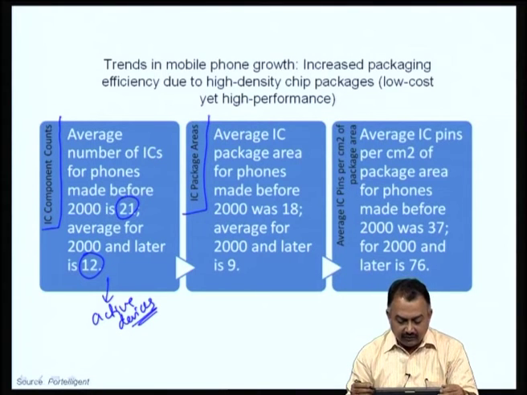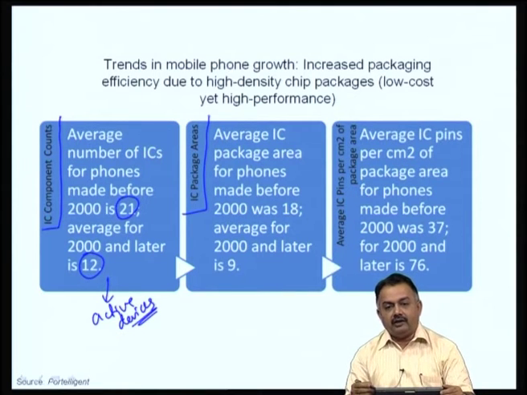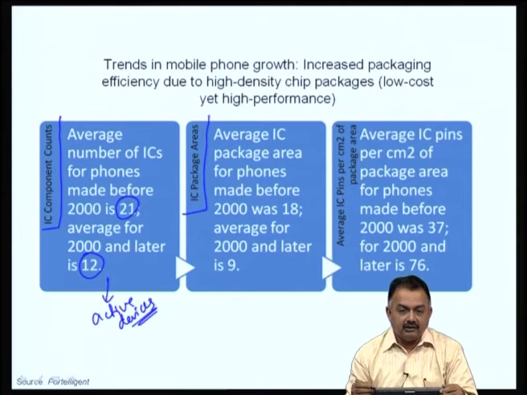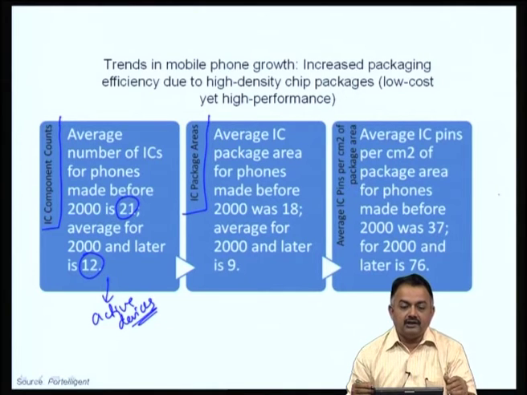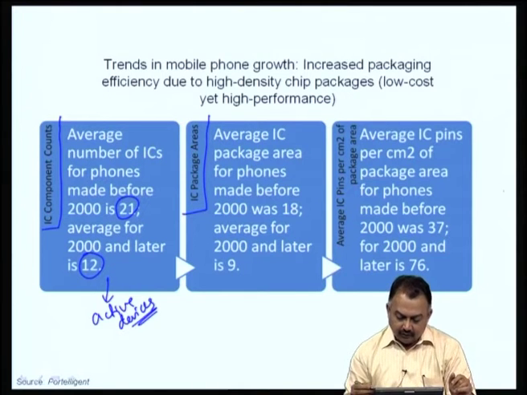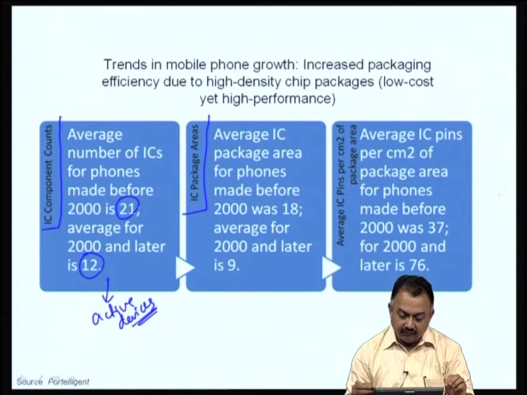Average for 2000 later is 9. So, here again you see there is a lot of integration that has taken place. The size of the die might have increased, but the package area has reduced. That means, the packaging technologies are using technologies where you need to put only minimum package on the die to protect it. The third point that we will see is average IC pins per centimeter square of package area.